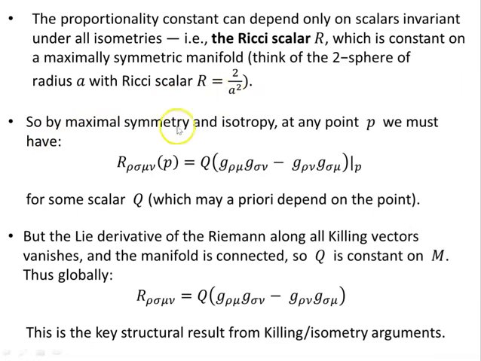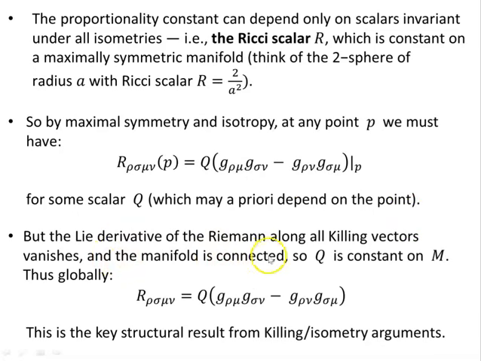By maximal symmetry and isotropy at any point P, that is, the same in all directions, however you turn around, rotate, or turn yourself upside down, all directions look the same. We must have this evaluated at point P be this evaluated at point P, with some scalar Q, which may a priori depend on the point.